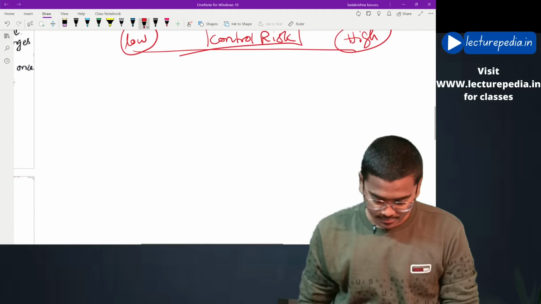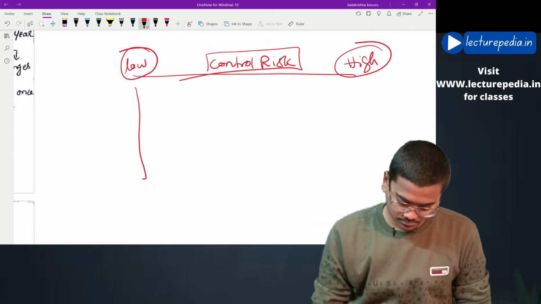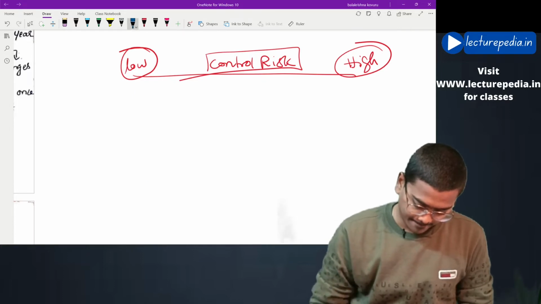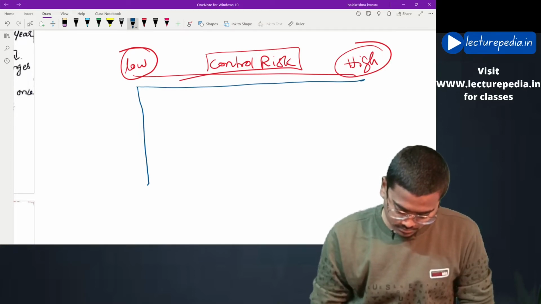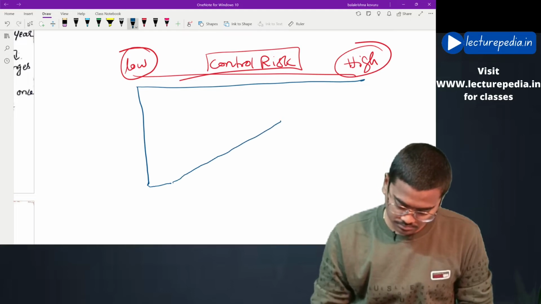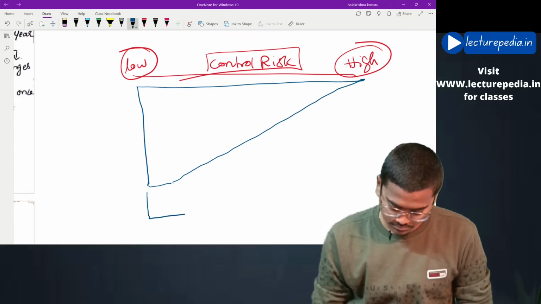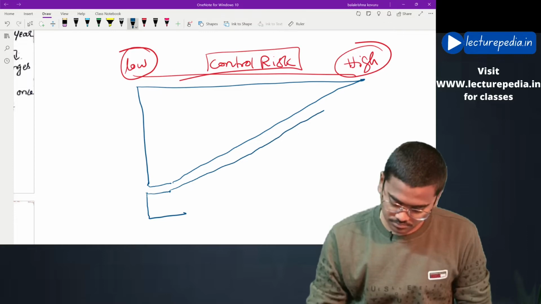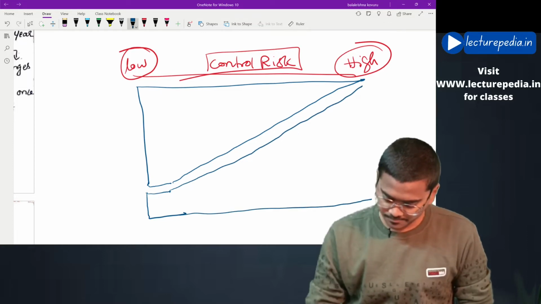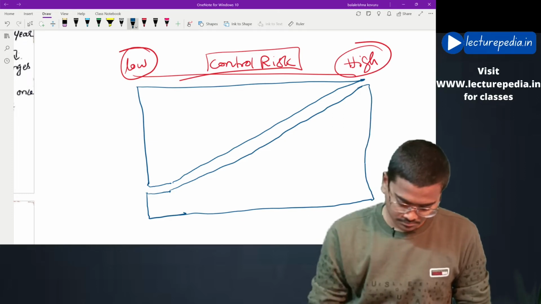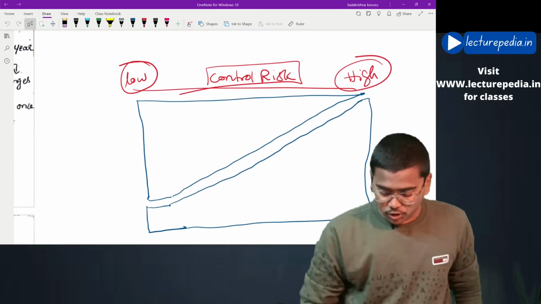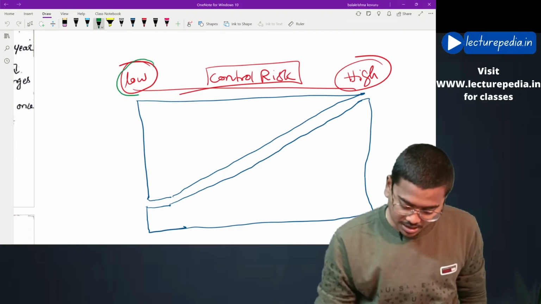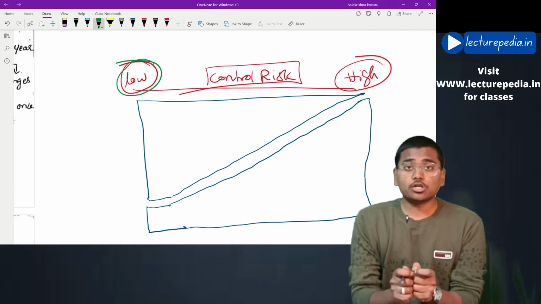Now the control risk is low. The control risk is low. That means controls are operating effectively.